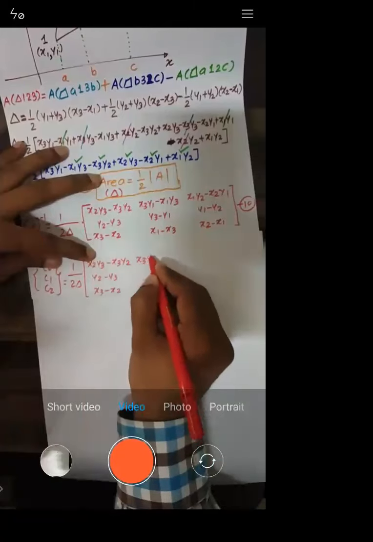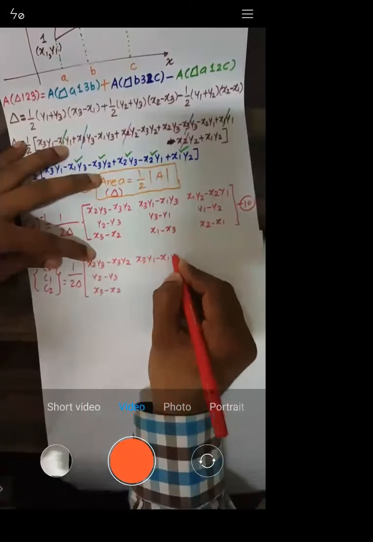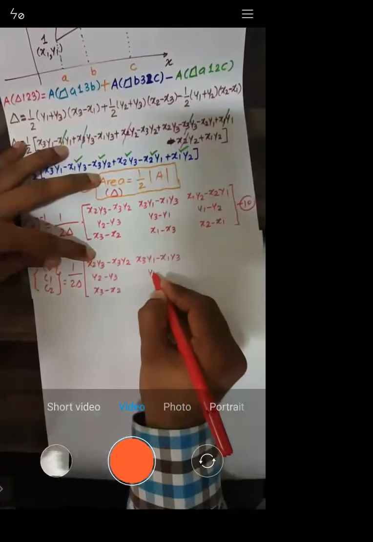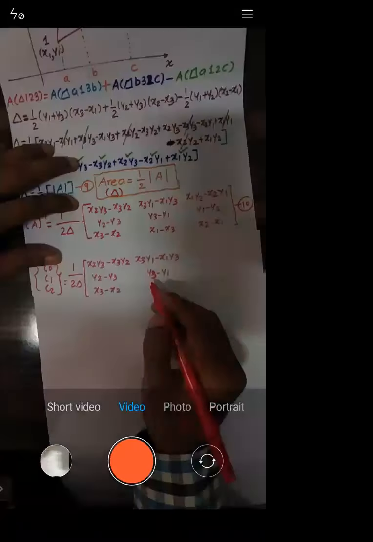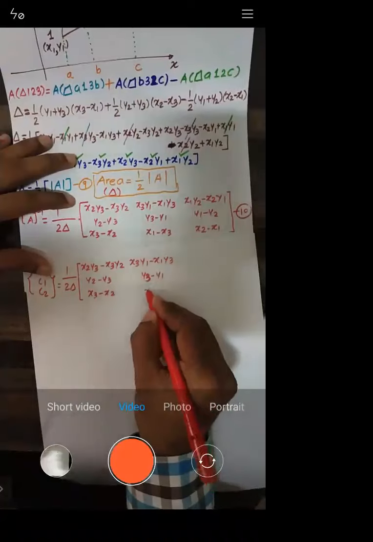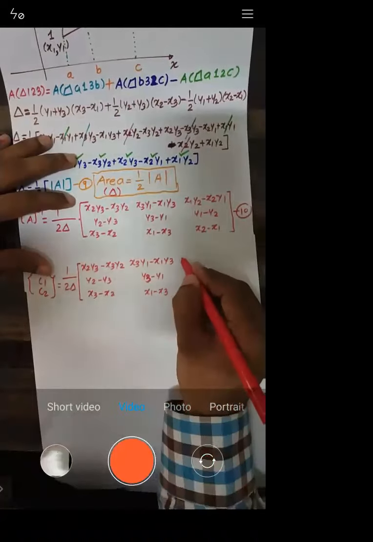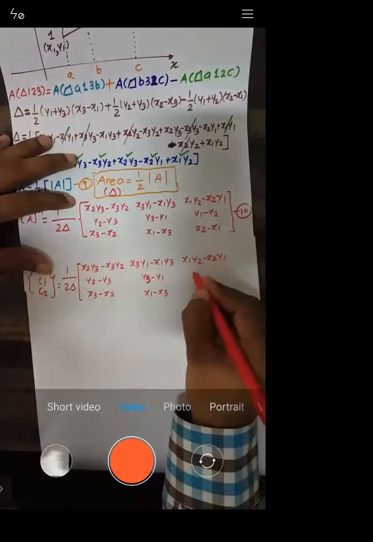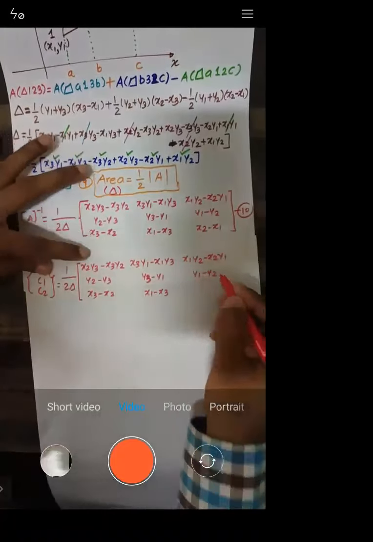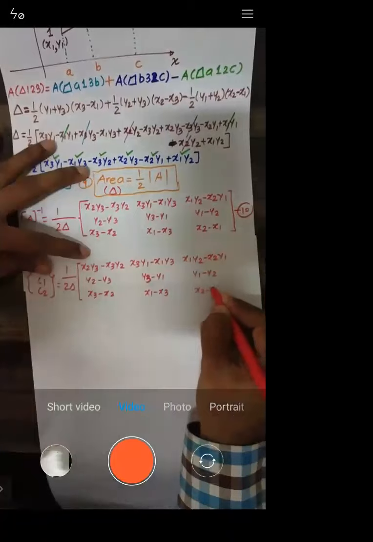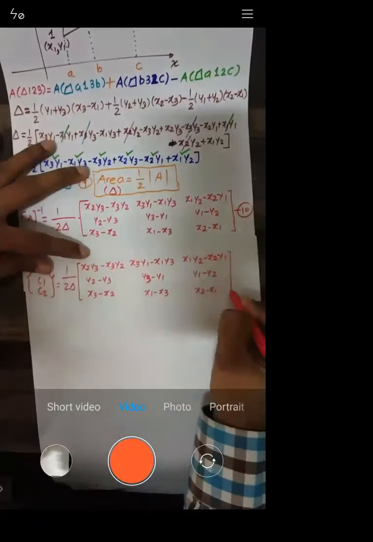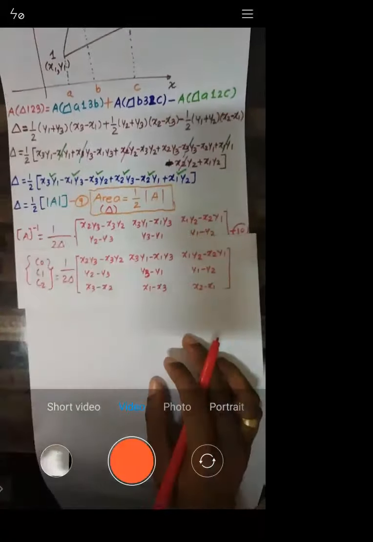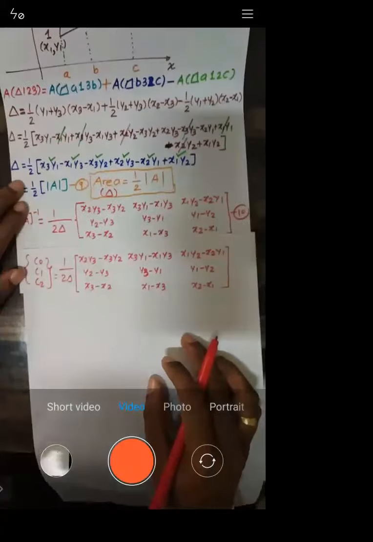Then X3 Y1 minus X1 Y3, Y3 minus Y1, X1 minus X3. X1 Y2 minus X2 Y1, Y1 minus Y2, X2 minus X1. So this is the C0, C1, C2.